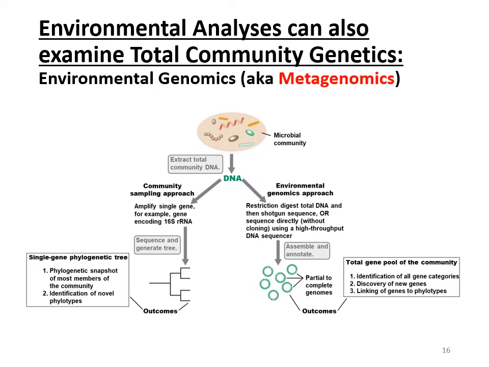And you can even detect genes that you wouldn't have amplified by current PCR primers. Okay, you're grabbing all genes, not just specific ones that you're targeting. And this is especially useful for assessing what we call phylogenetic or metabolic diversity of an environment.